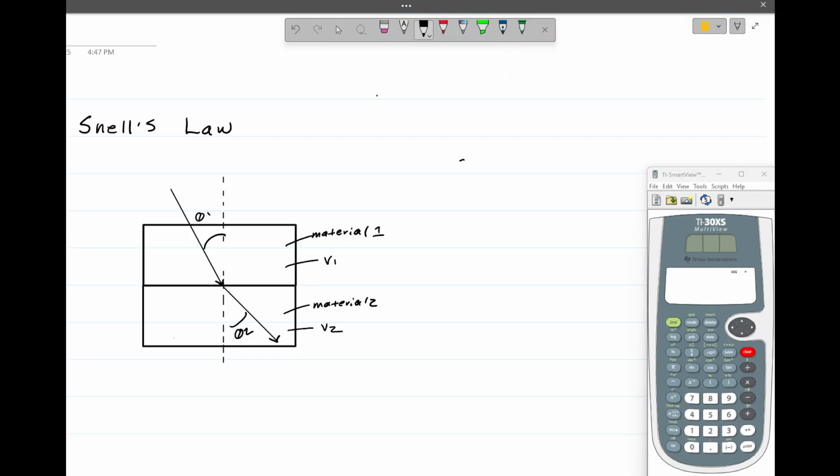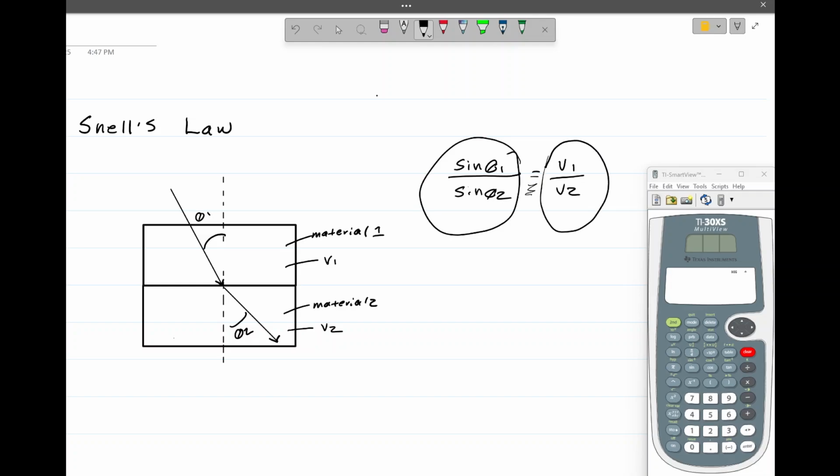What Snell's law does, it tells us that there's a relationship between the ratio of the sine of angle 1 and the sine of theta 2 and velocity 1 divided by velocity 2. So it tells us that the ratio of the sines of the two angles is equal to the ratio of the velocities.